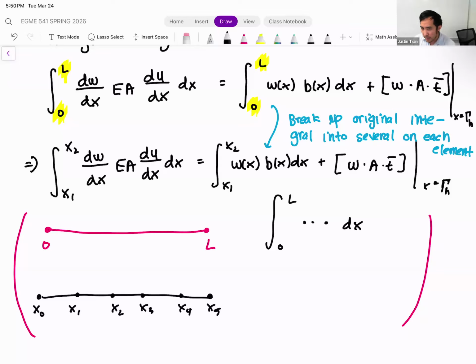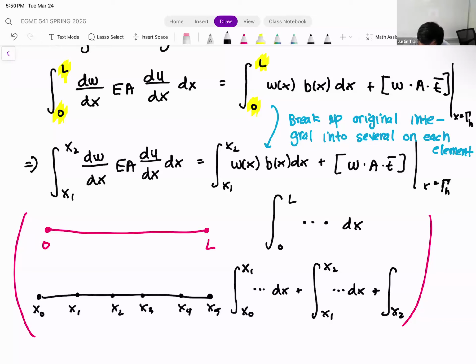One integral from 0 to L is equal to, in this case, 5 different integrals across each of our subdomains. So this is equal to the integral from x0 to x1 dot dot dot dx plus the integral from x1 to x2 dot dot dot dx plus the integral from x2 to x3 dot dot dot dx.